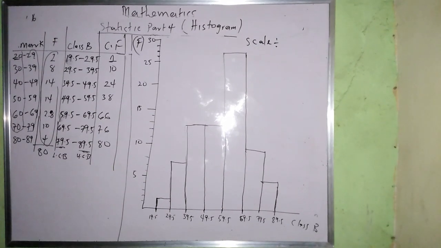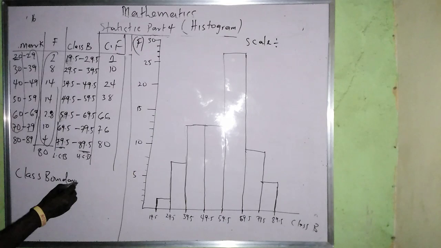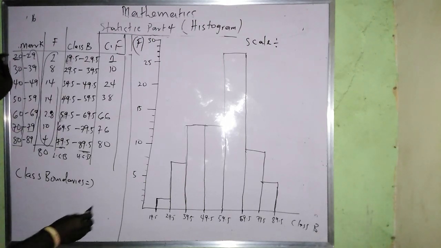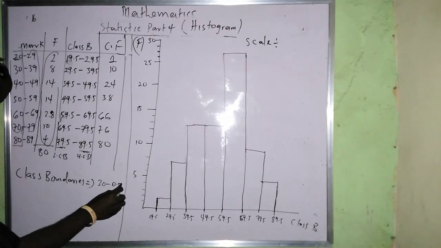Now I've achieved my histogram with the help of class boundary. Don't forget our class boundary is always generated by taking from the lower class limits. If you take from it, it means 20 minus 0.5.